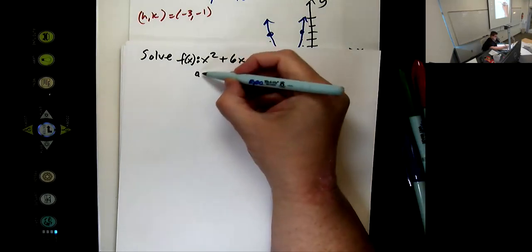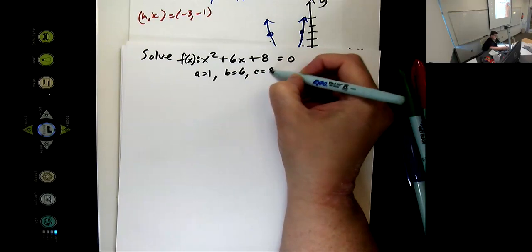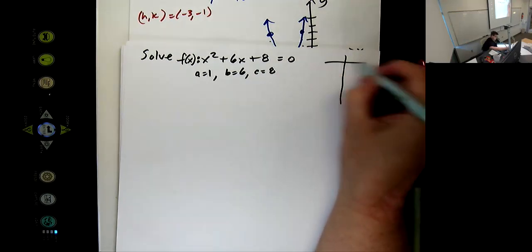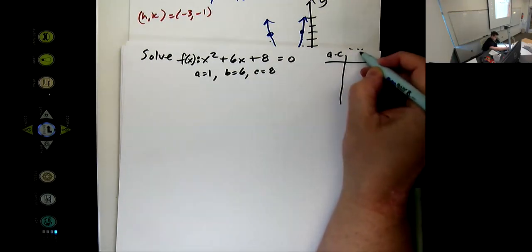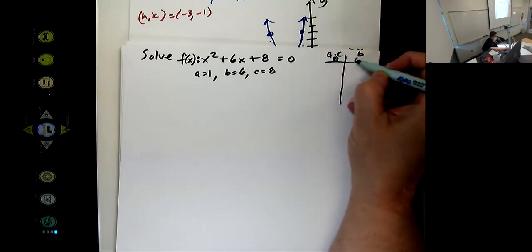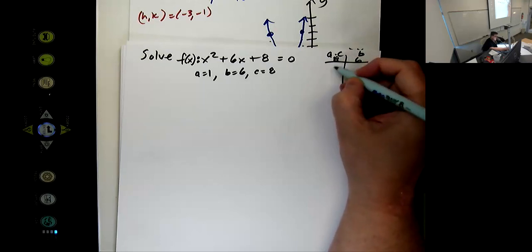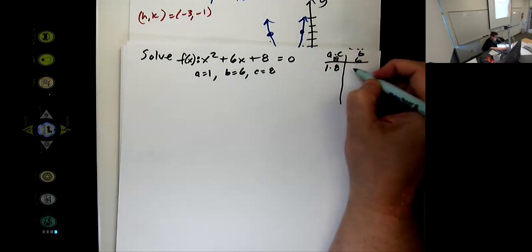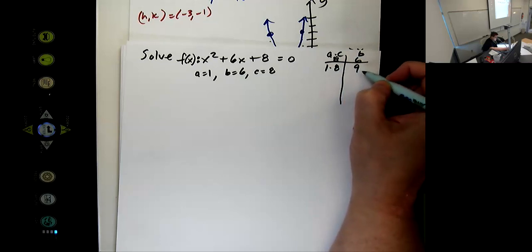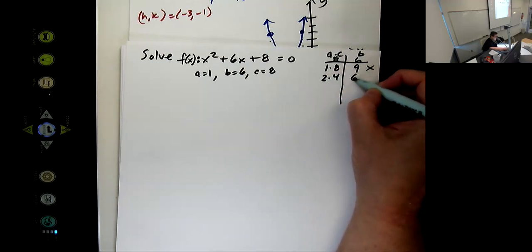Well, we still have a is 1, b is 6, c is 8. If we do a times c and b, we get 8 and 6. Two numbers that multiply to 8 and add to 6, they both have to be positive. 1 and 8 adds to 9, that doesn't work. 2 times 4 adds to 6, that works.